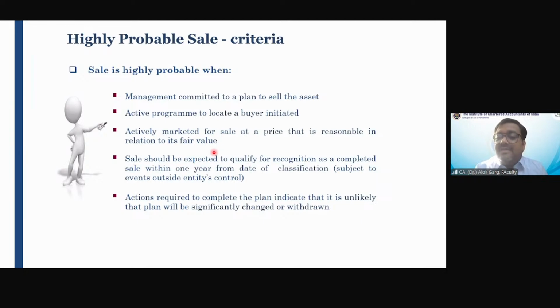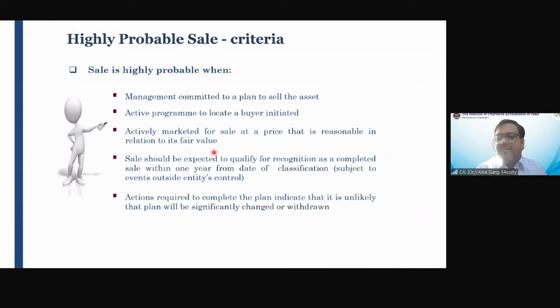Is there any chance that you will drop your plan to sell? Actions required to complete the plan indicate that it is unlikely that the plan will be changed. So the finance manager told, Mr. Rahul, you have been coming to audit this company for the last 5 years.